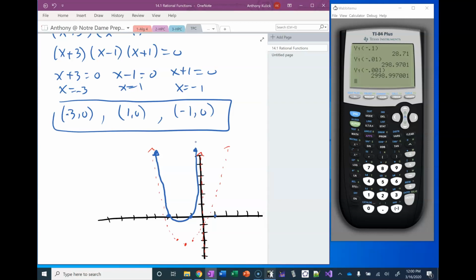And then over here, let's see how it's following on this side. So here we need positives. So I'll start with +0.1, pretty negative, and then 0.01, even more negative, and 0.001, even more negative.